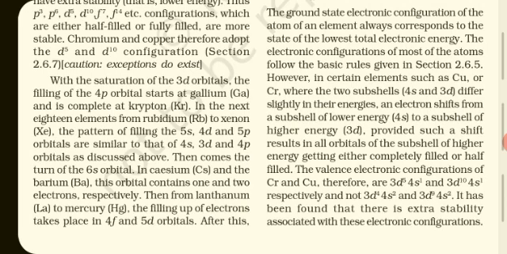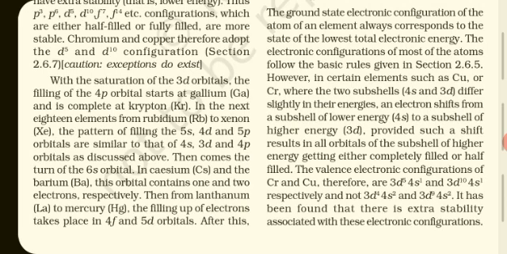In the next 18 elements from rubidium to xenon, the pattern of filling the 5s, 4d and 5p orbitals is similar to that of the 4s, 3d and 4p orbitals as discussed above. Then comes the turn of the 6s orbital in cesium metal and barium; this orbital contains 1 and 2 electrons respectively.